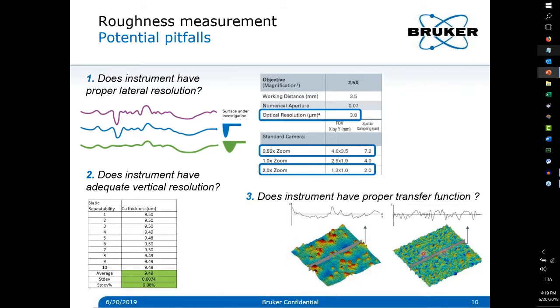So in that case, you see the same surface measured with a capable system with low noise, and the same area measured with noise added in the vertical direction. And what you see here is definitively a very different surface. So that image is the right one and corresponds to what the surface is.